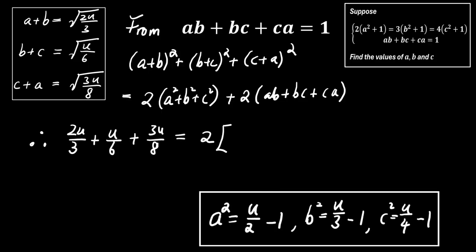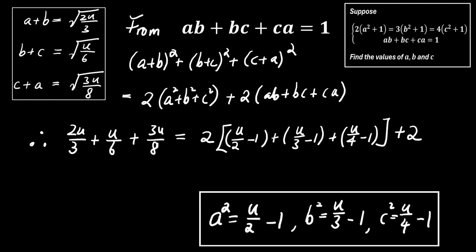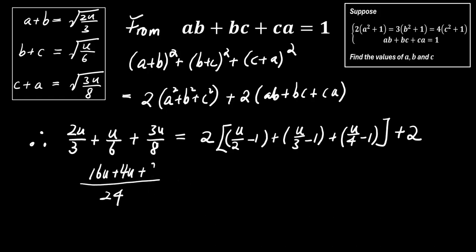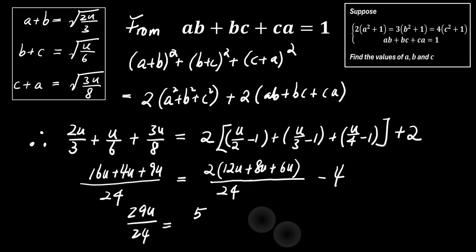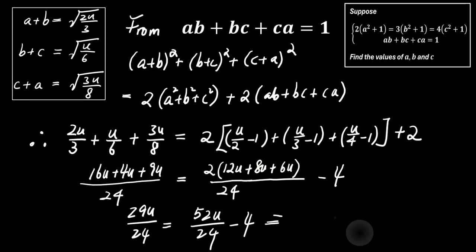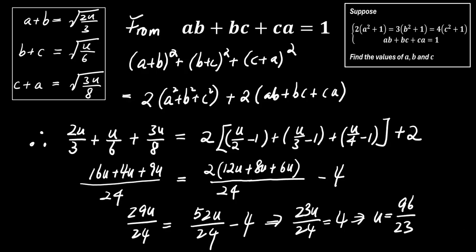After simplifying, we get a single equation in terms of u. Solving this gives u equals 96 over 23.